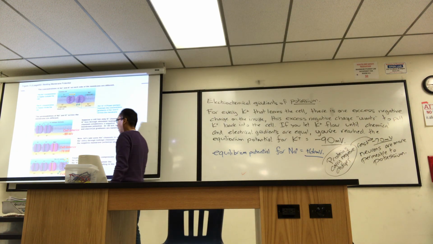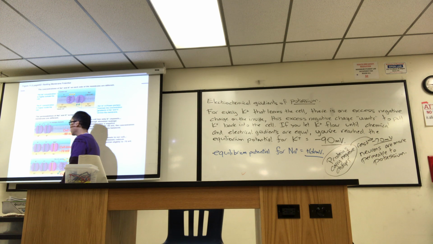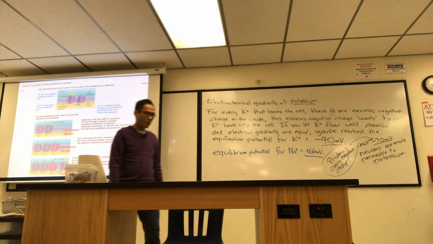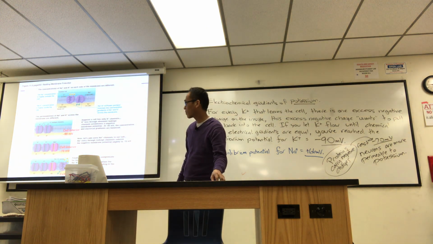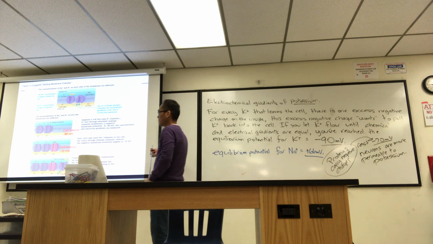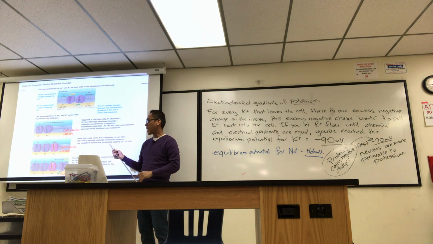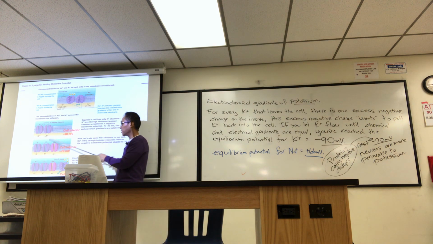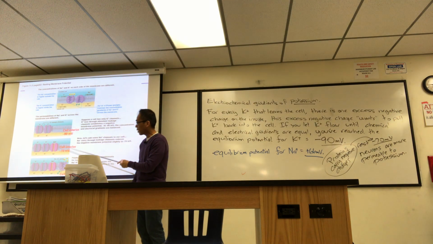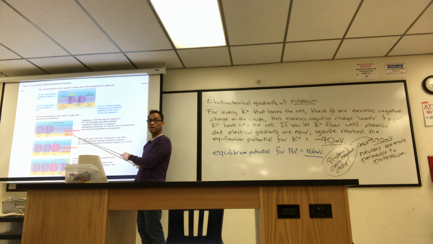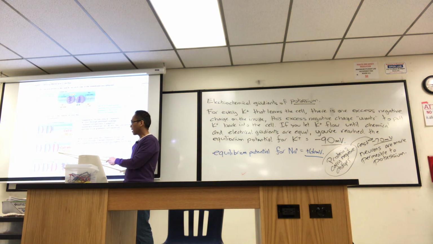Here's how the Marieb book goes about it, by showing you one at a time. First, the leak channels are more leaky to potassium. They show a couple of potassium leak channels, and we know the resting membrane potential would be negative 90. Then they add in a leak channel for sodium, okay?